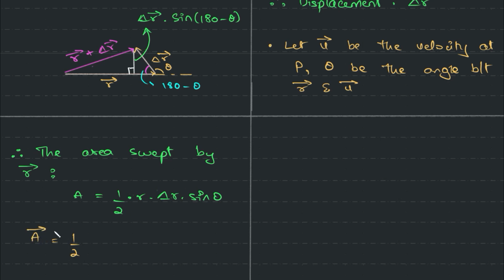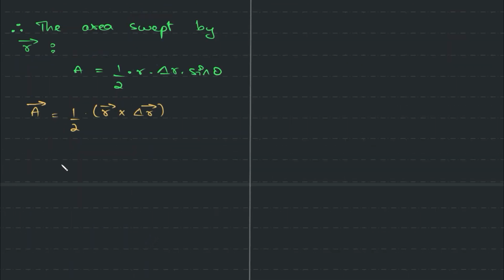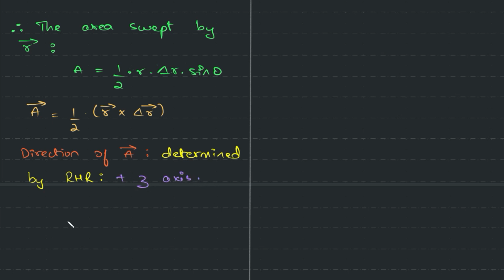So we can tell the area as a vector will be R crossed with delta R. So the direction of A will be determined by the right hand rule. Okay. So as per this, R is there, V is here. So positive Z axis for this particular case, not always.